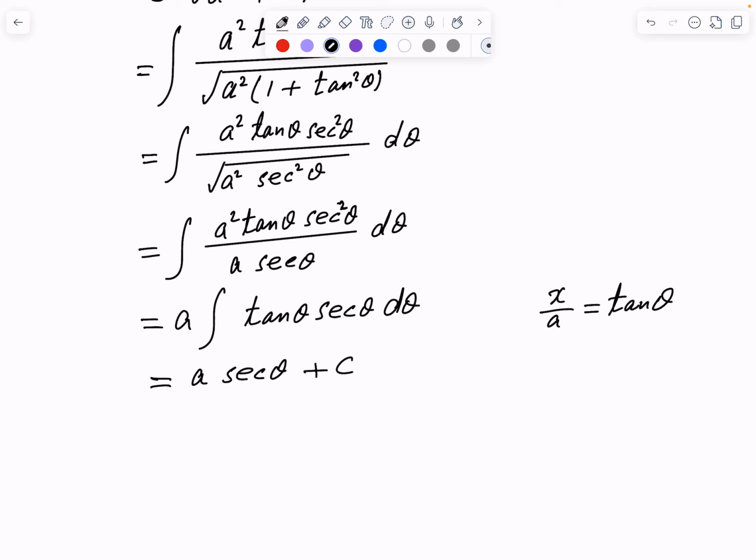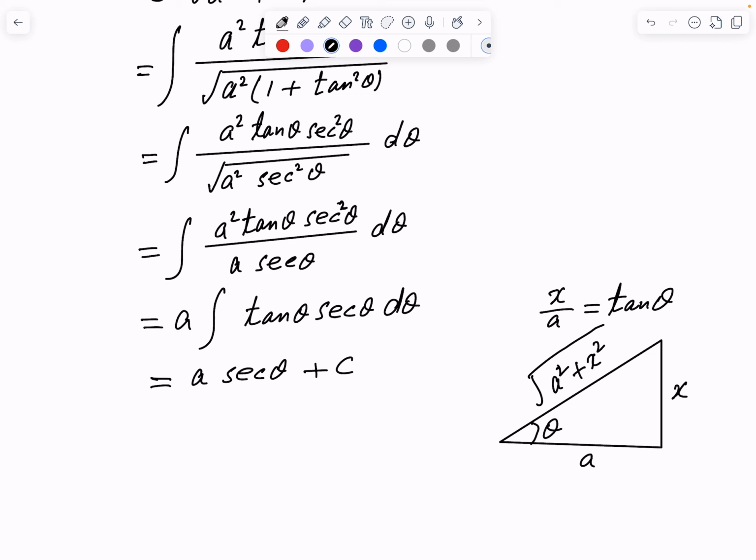Now let's plot the right angle triangle with this being our theta. So x is the opposite, a is the adjacent, and the square root of a squared plus x squared is the hypotenuse.